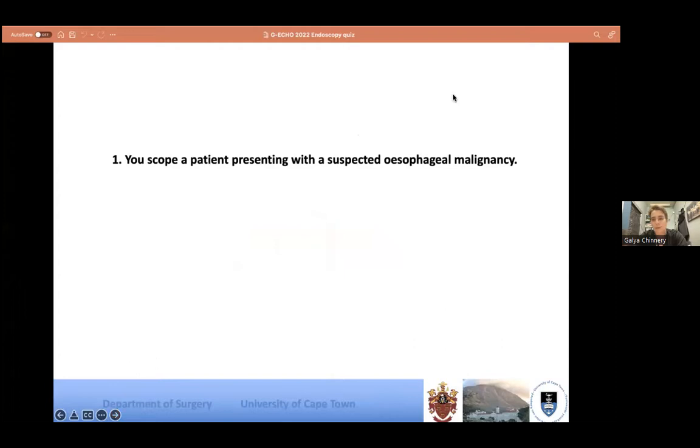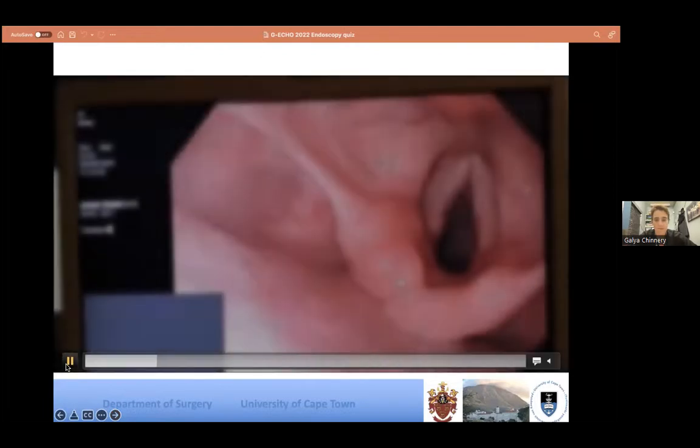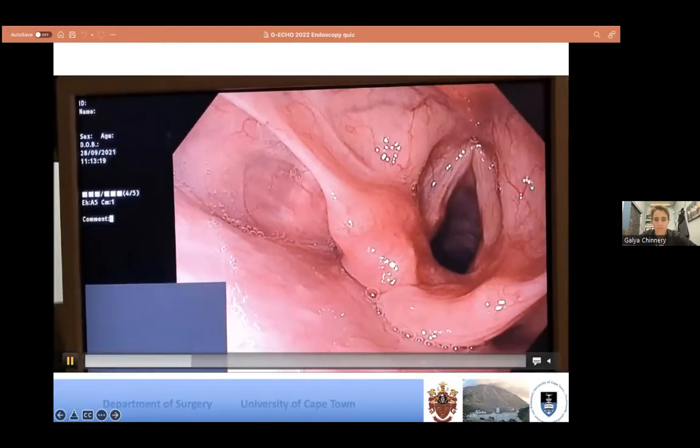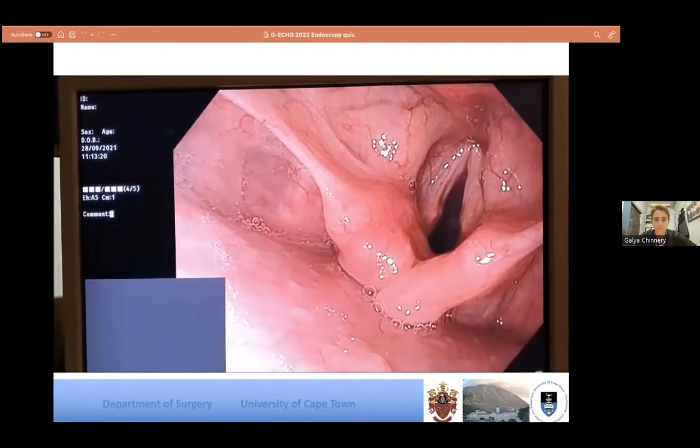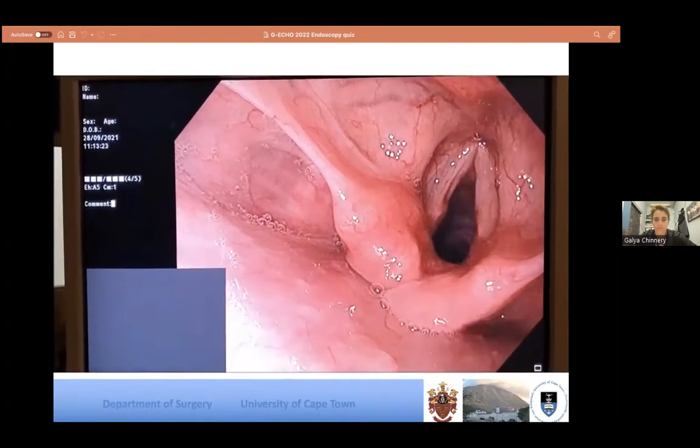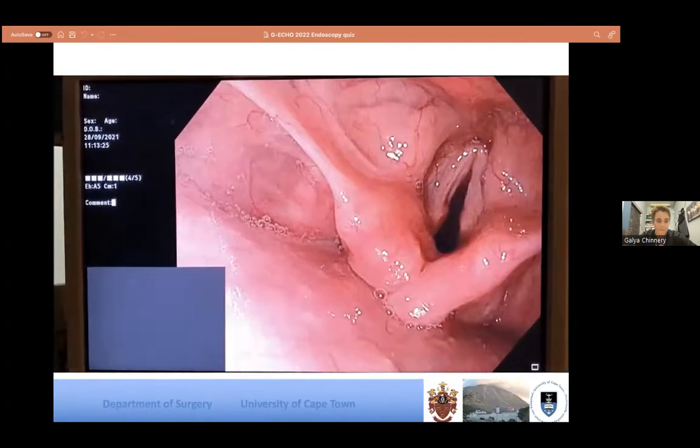So the first case is you are busy scoping a patient that you know has an esophageal malignancy, and you start your scope off, and this is what you see. Right, hope you saw that.